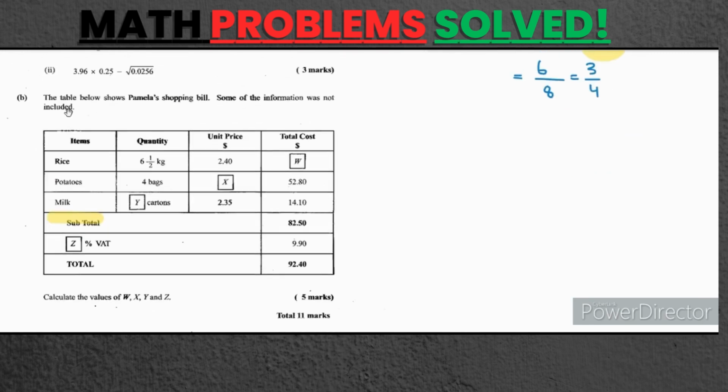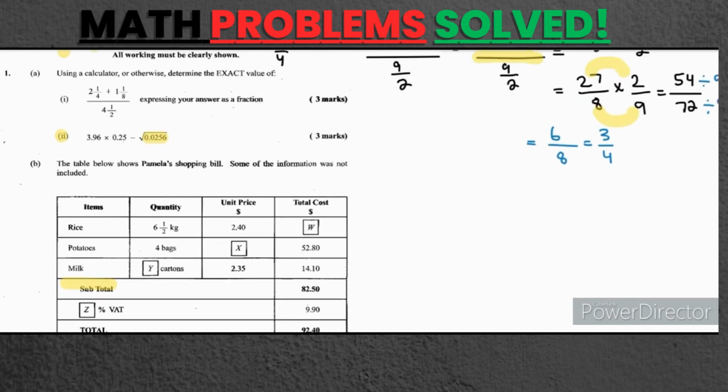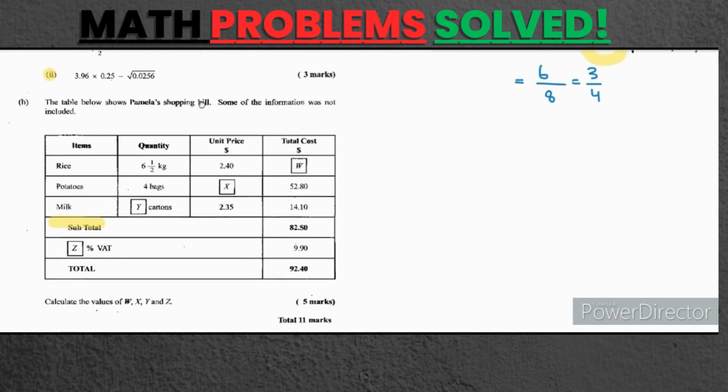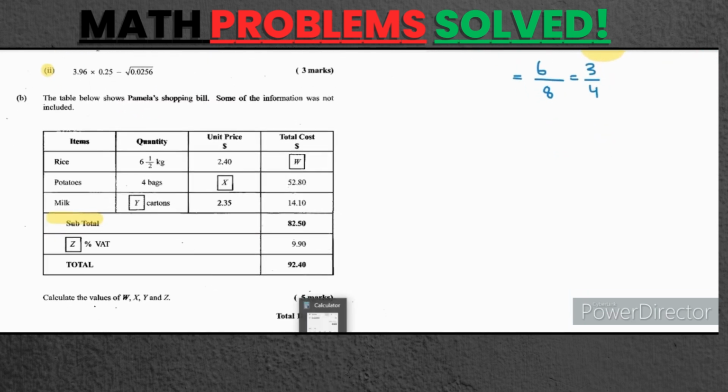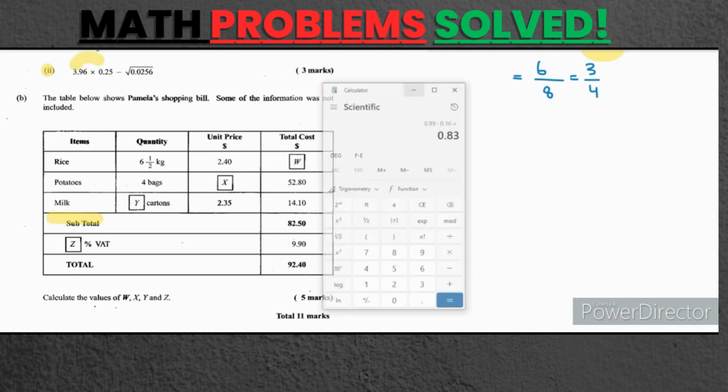Here there is another part of this question. 3.96 times 0.25, minus the square root of this number, right? So what will you do? If they allowed us to use a calculator, we will use a calculator here. So first of all, we will multiply 3.96 with 0.25, right?